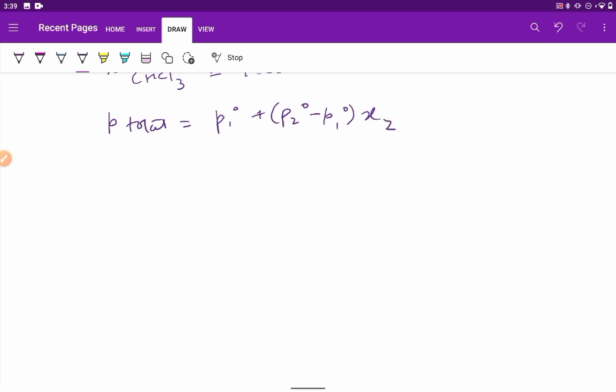So P1 naught was given as 200 millimeter. So it becomes 200 plus, P2 naught is 415, minus 200, into x2. x2 is 0.688.